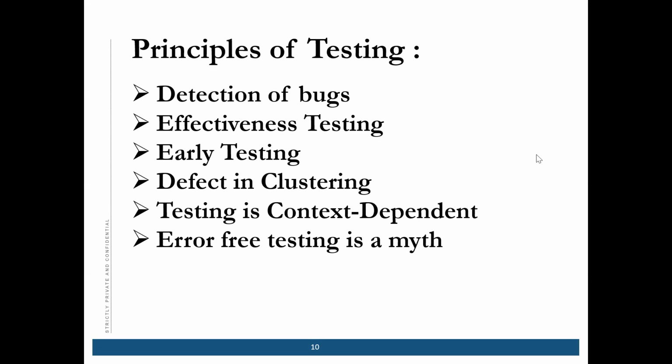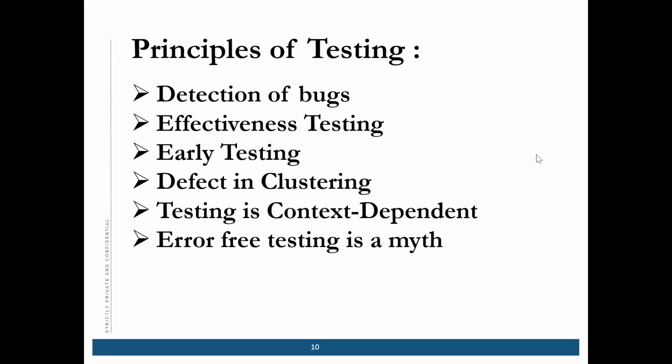And error-free testing is a myth. The last strategy. After all, that's the agenda of the testing phase: in QA, testers have to deliver a bug-free software product to the customer. But we can't assure that the complete product will be error free.